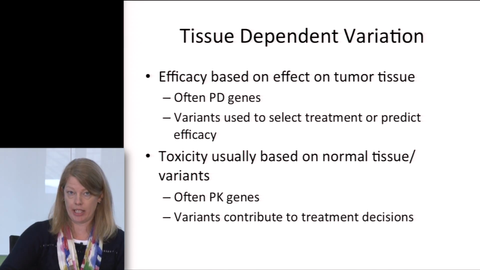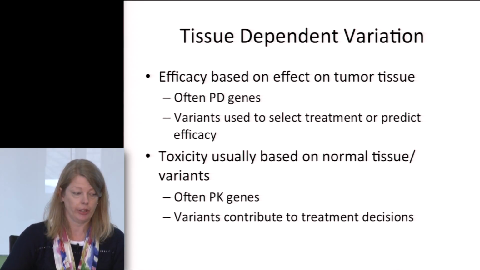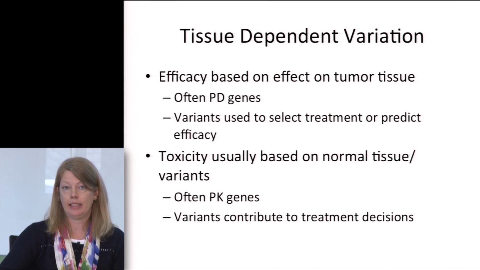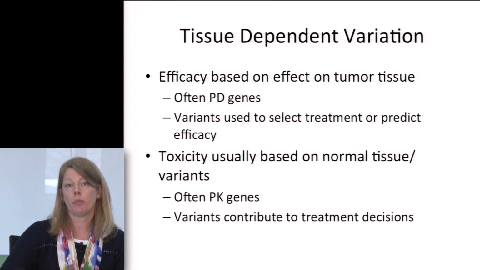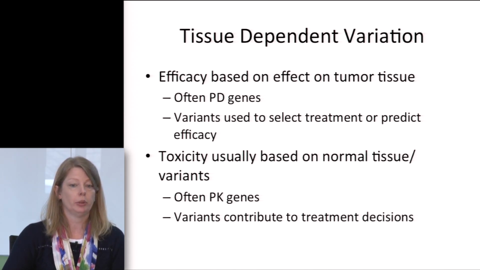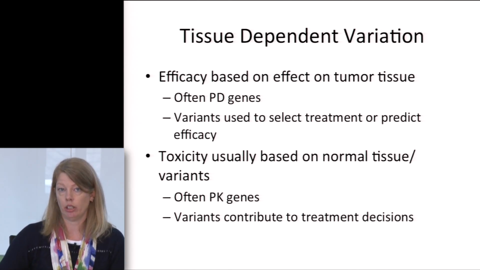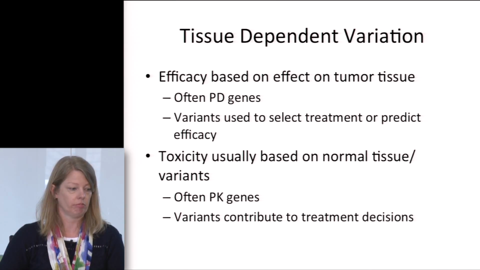So as the medication builds up, it becomes more toxic to you. And we've discussed this in other sections. So variants in these PK genes in the germline cells are often used to make treatment decisions about what might be too toxic or have adverse side effects that are too severe for that particular patient.